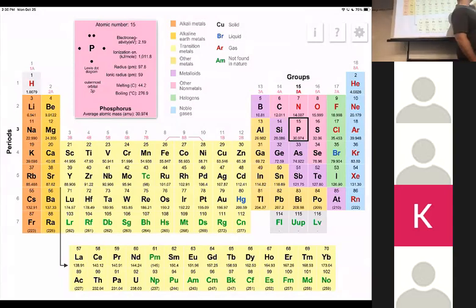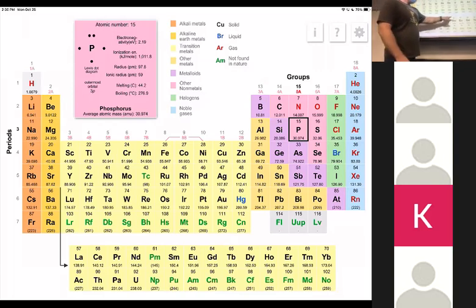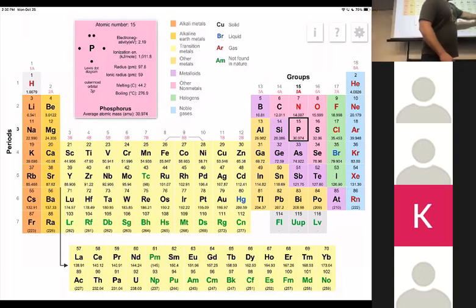This is the p block, where m sub L is minus 1, 0, 1. Then these are the d orbitals, so there will be 5 of them: minus 2, minus 1, 0, 1, and 2. And these, the lanthanides and actinides, are the f orbitals. There are going to be 7 of them: minus 3, minus 2, minus 1, 0, 1, 2, 3.